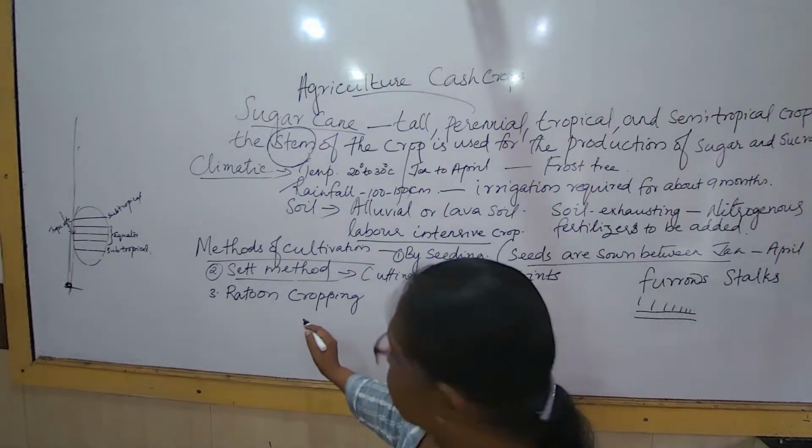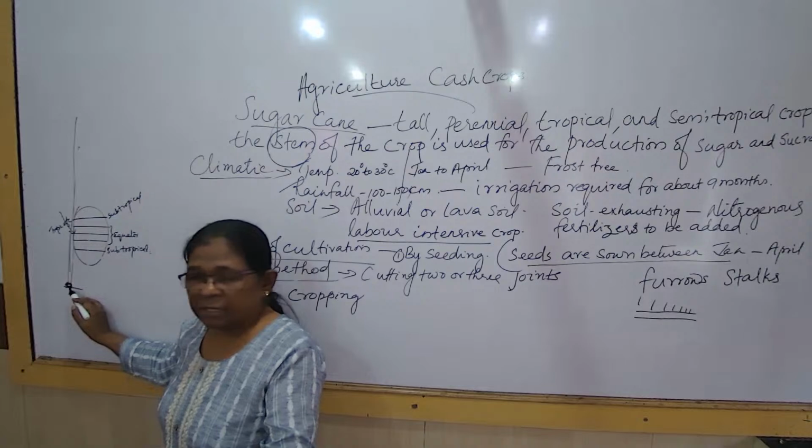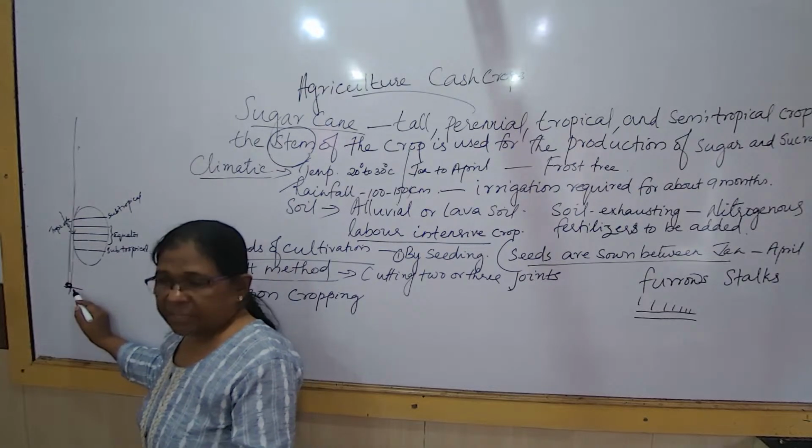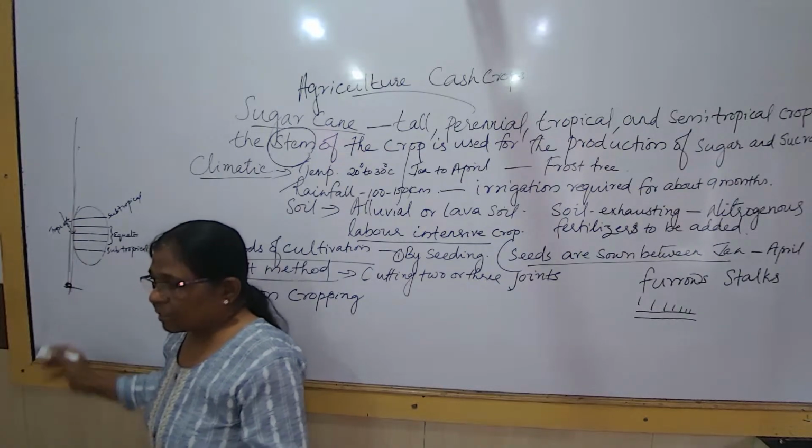That is called a ratoon. So I have told you that is where the sugar content is more. From there it is cut, and from there new buds start coming.